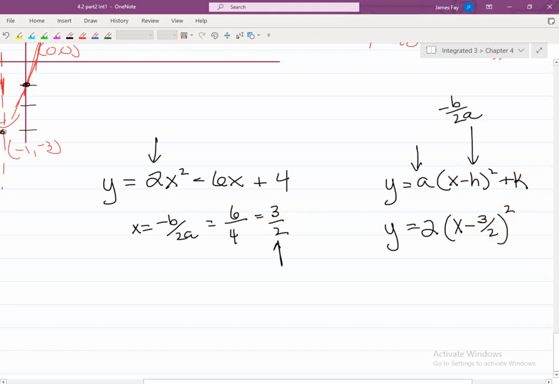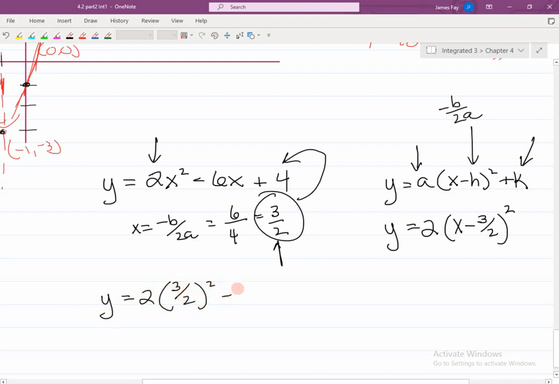K, that right there is the y value of your vertex, right? Well, our y value is found for our vertex by taking that number and plugging it in there. So we go y equals 2 times 3/2 squared.